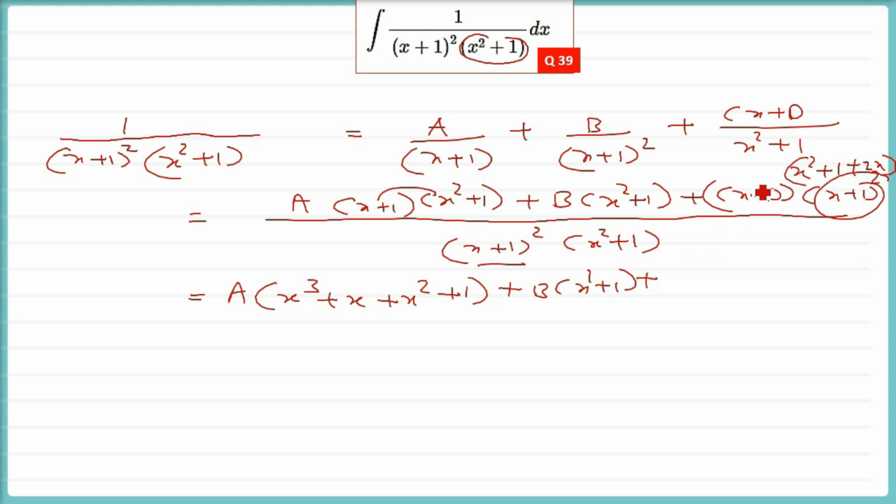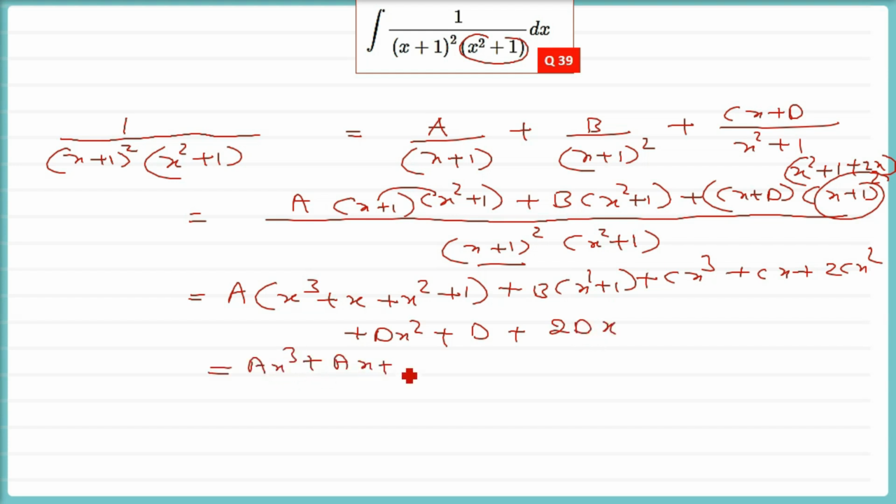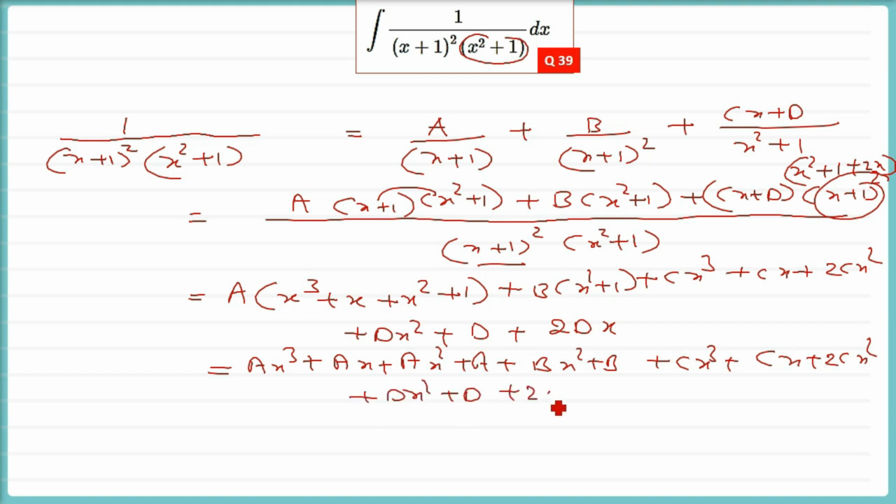So now we need to multiply cx plus d with x square plus 1 plus 2x. First take cx, multiply it with x square plus 1 plus 2x. Then take d, multiply it with x square plus 1 plus 2x. So finally we have ax cube plus ax square plus ax plus a plus bx square plus b plus cx cube plus cx plus 2cx square plus dx square plus d plus 2dx.